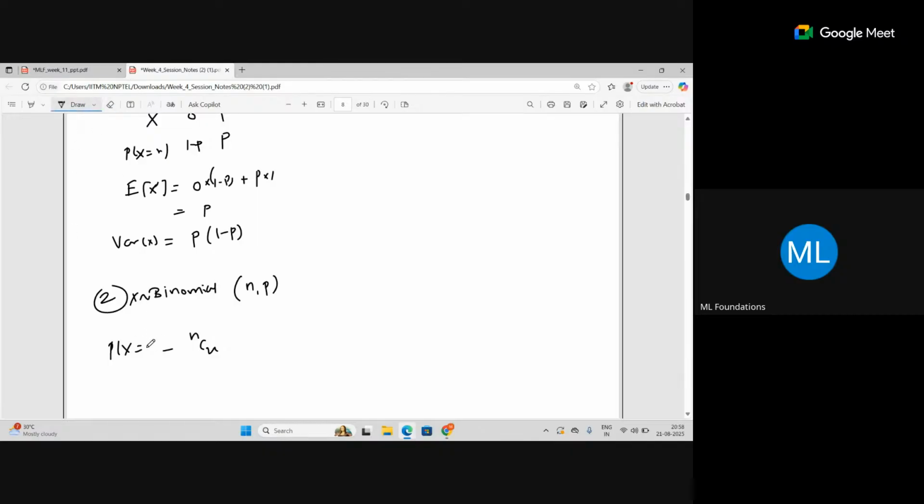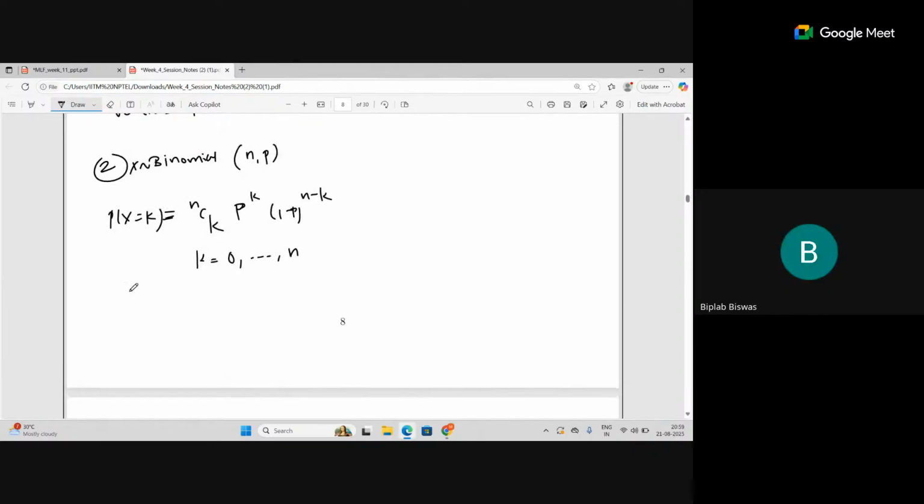So N choose K into p to the power K into 1 minus p to the power N minus K. And K goes from 0 to N. What is the expected value of this binomial random variable? N into p. And the variance will be N into p into 1 minus p, right?